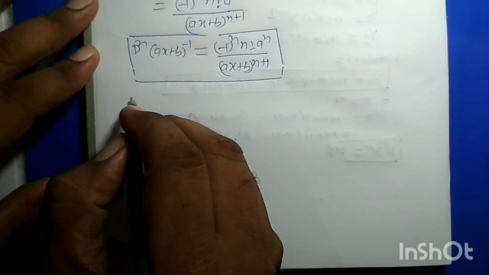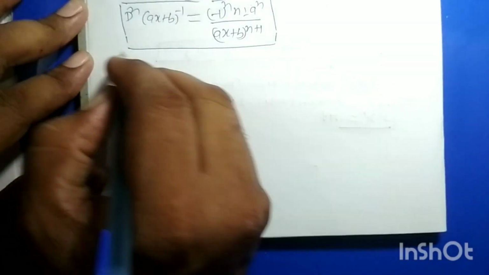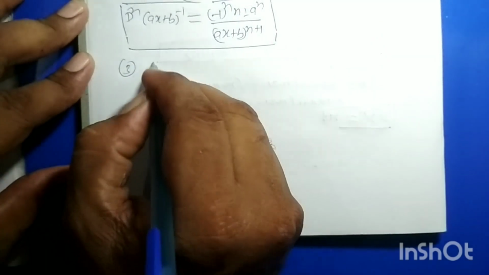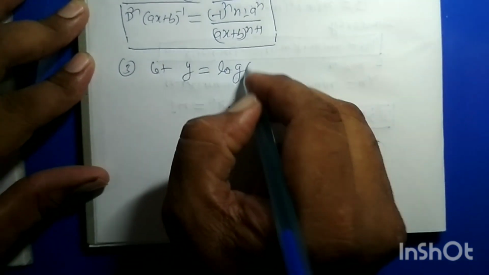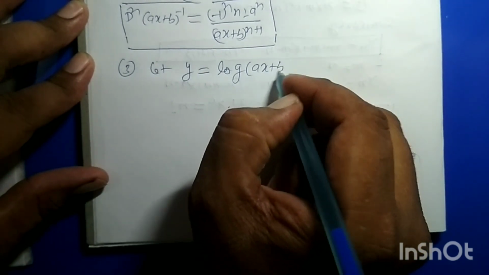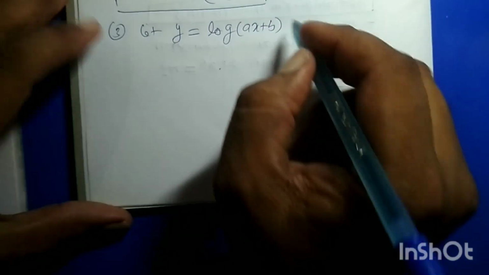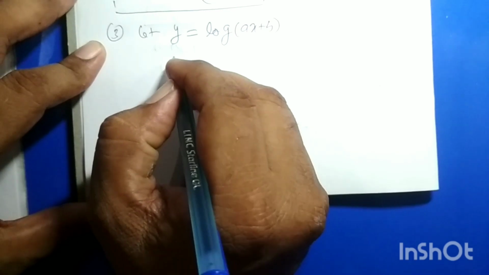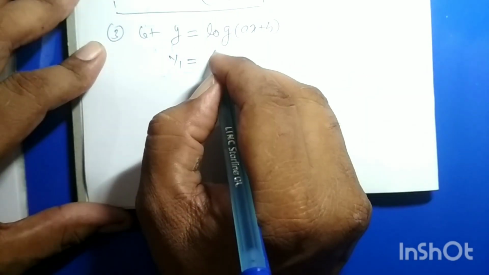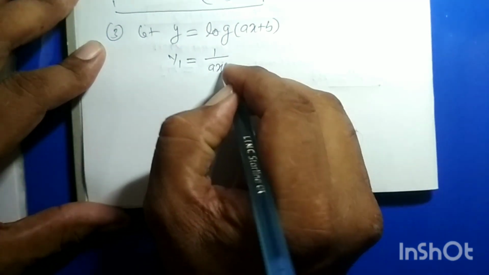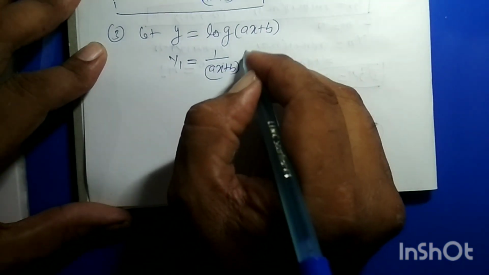Now, the third identity: let y = log(ax+b). We will find the derivatives of this function. Firstly, the first derivative y1: differentiate log, so 1/(ax+b), and the derivative of ax+b is a.